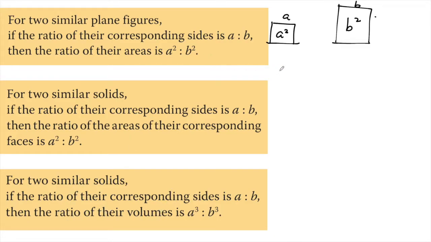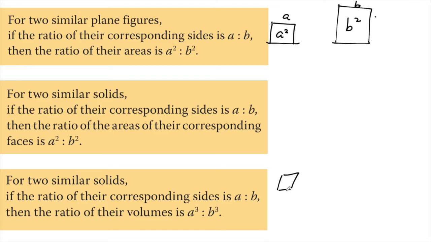When we talk about solids, when we talk about volumes, it is three-dimensional. So you have the length, breadth, and the height. Therefore, you should have this cube. So let's use the example of a cube.